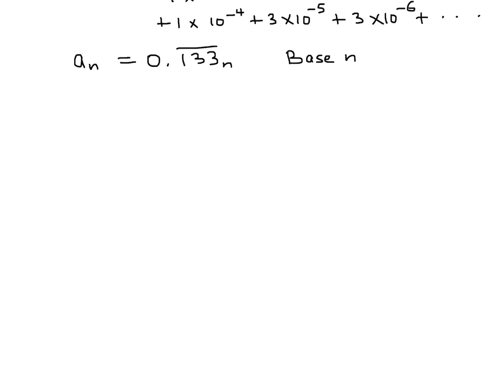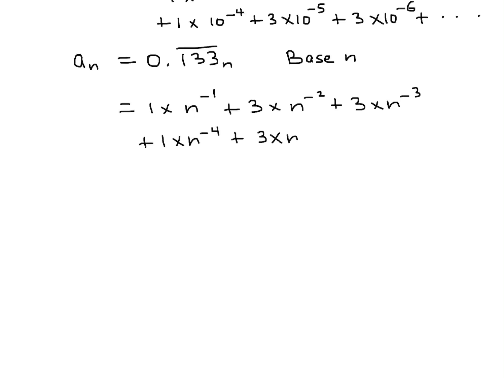This becomes 1 times n to the negative 1 plus 3 times n to the negative 2 plus 3 times n to the negative 3 plus 1 times n to the negative 4 plus 3 times n to the negative 5 plus 3 times n to the negative 6, and so on, because n could be one of many numbers.